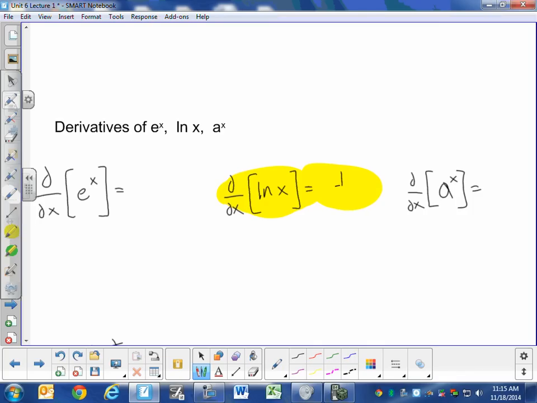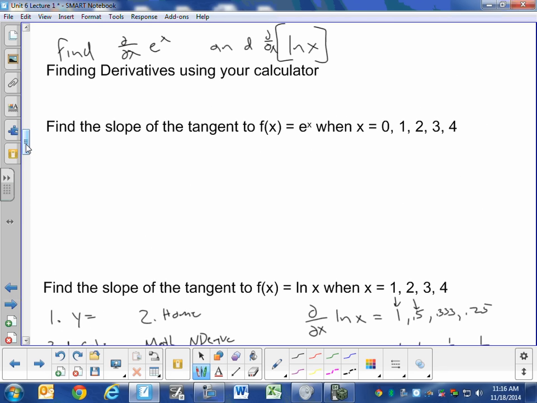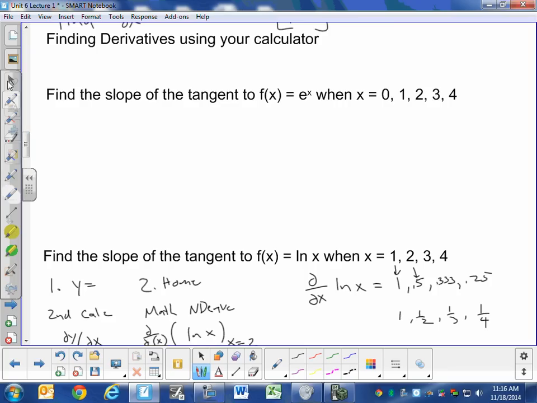Now we want to figure out what the derivative of e to the x is. You guys try to figure it out by finding the derivatives of e to the x at 0, 1, 2, 3, and 4.